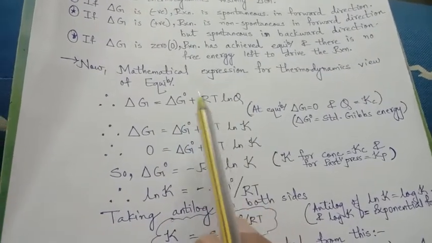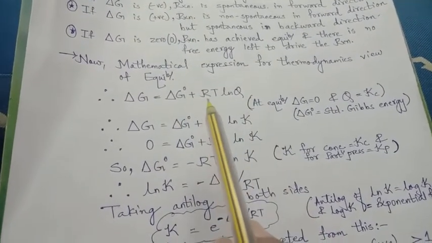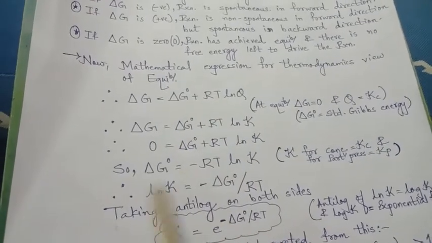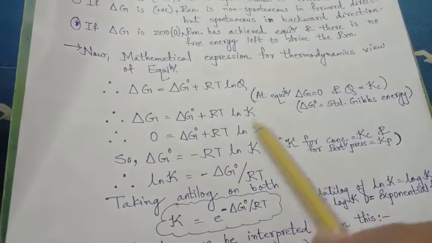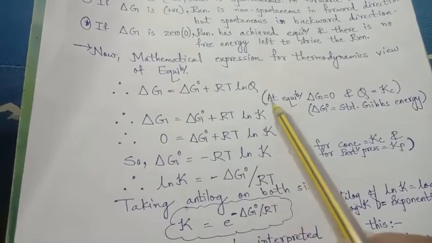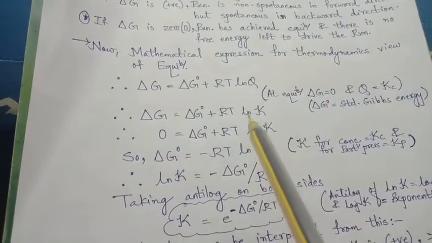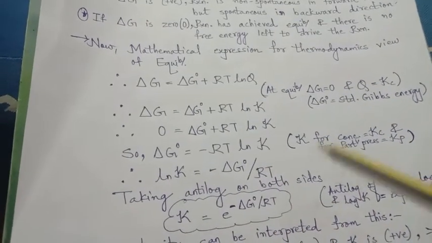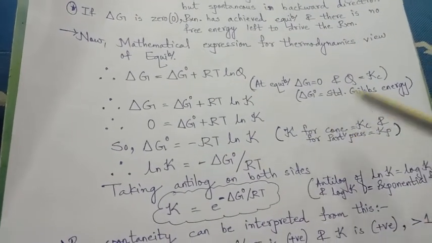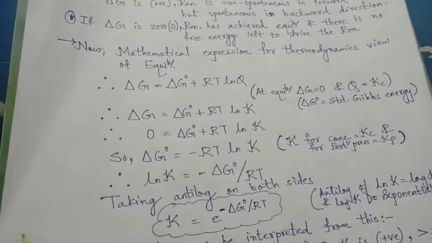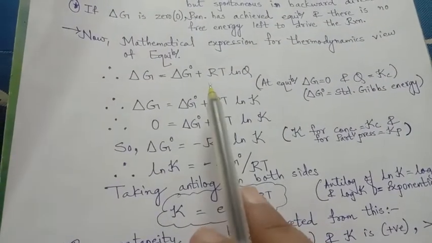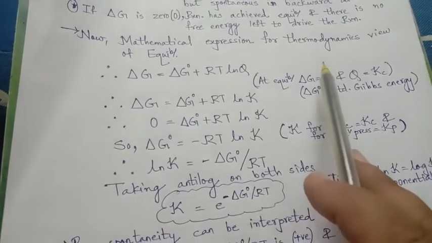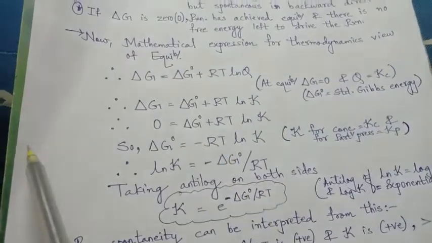As I told earlier, equilibrium is a chapter which carries a variety of formulas and a variety of numericals. At each topic, you will have one more method, and as per that, you will have that type of numericals. So here also, let us see the mathematical expression for thermodynamics in the view of equilibrium.